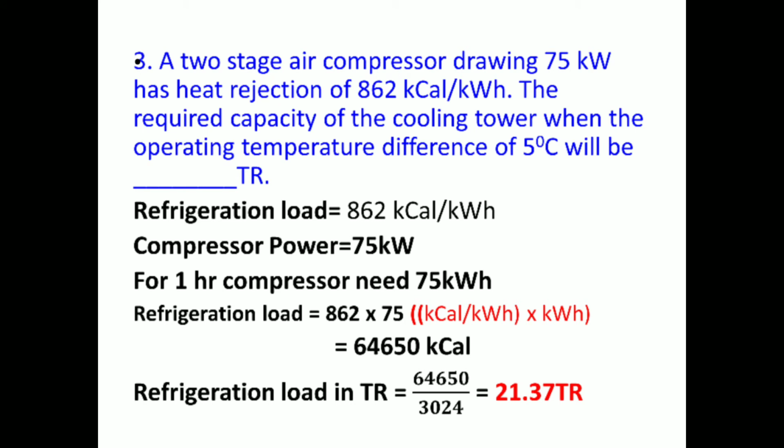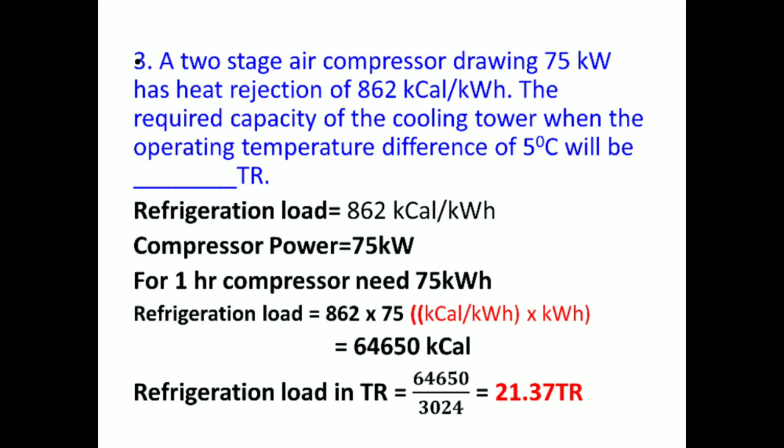Now the third question is an interesting one. A two-stage air compressor drawing 75 kilowatt has heat rejection of 862 kilocalories per kilowatt hour. The required capacity of the cooling tower when the operating temperature difference is 5 degrees Celsius will be dash dash TR.